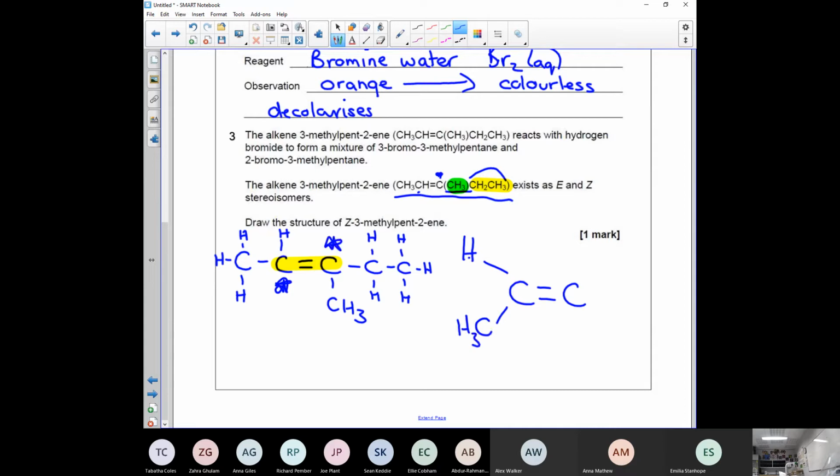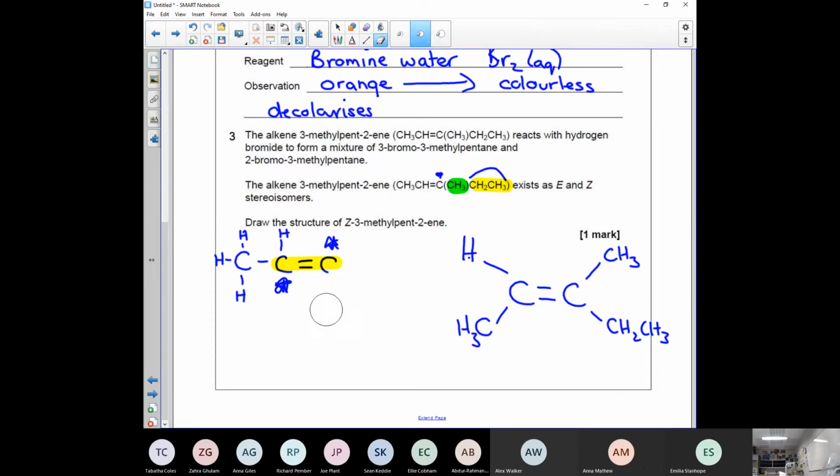And on this second carbon over here, that's got a CH3 group and a CH2 group. So that's how we would draw it out in that format. This is just my bit of working, because sometimes it's a bit difficult to draw those actual structures straight from this version into that version. So that's just the way I set it out.